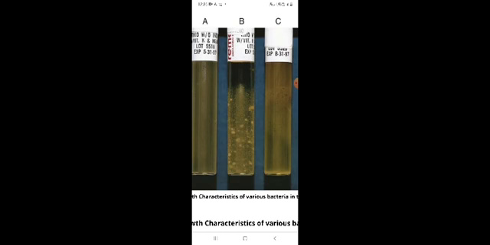And also this medium is very useful for the detection of anaerobic bacteria present in the fermentation product preparation, that is in sterility testing.